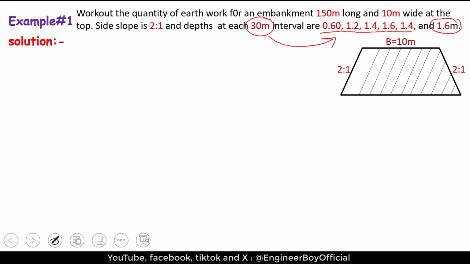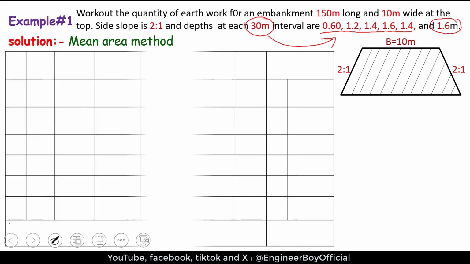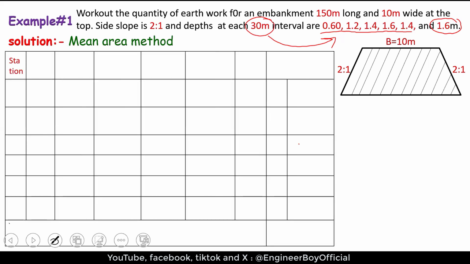For this approach, let's say we have the same table, and this table is known as the mean area method. The first column should represent the station, and then we should have the depth, then the central area. If you remember, I have already said that we will convert the section into different geometries, maybe triangles and then the rectangle.